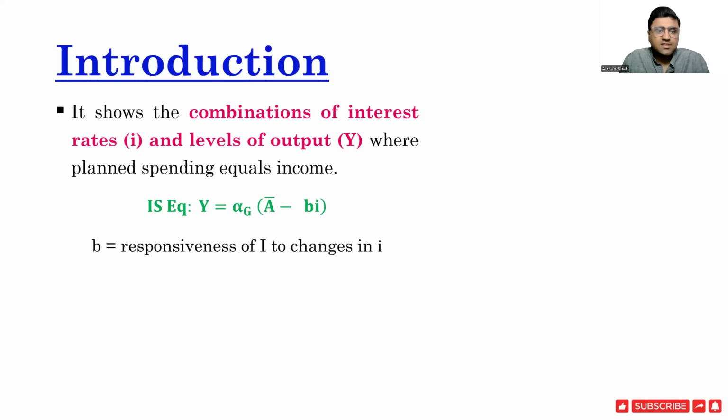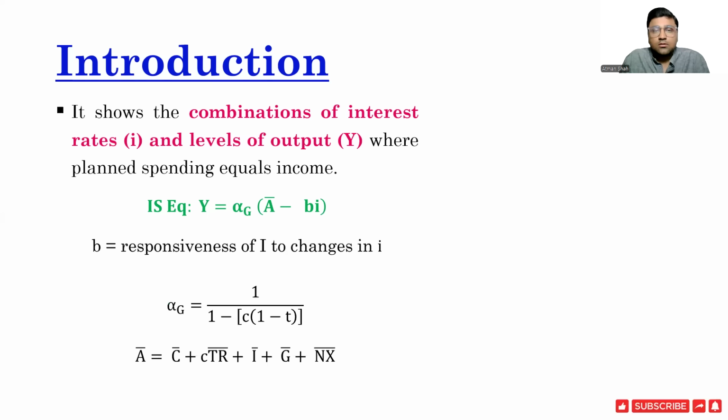So here B is the responsiveness of investment to changes in the rate of interest, and alpha G is equal to 1 upon 1 minus C into 1 minus T. And this A bar is nothing but the autonomous spending. So it is C bar, CTR bar, I bar, G bar and NX bar.